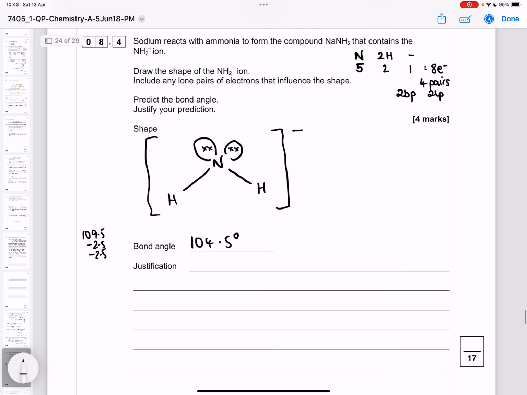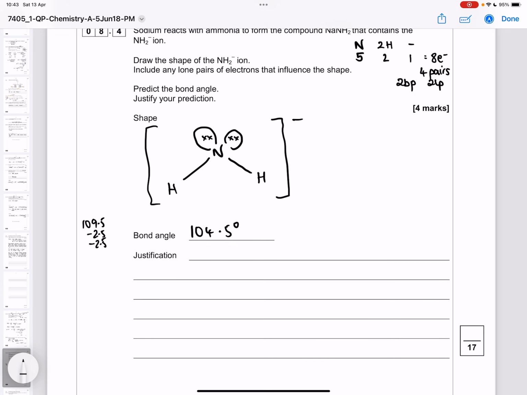So what's our justification? Well, let's have a look at what we did. There were 4 pairs of electrons around nitrogen. Electron pairs repel to get as far apart as possible.